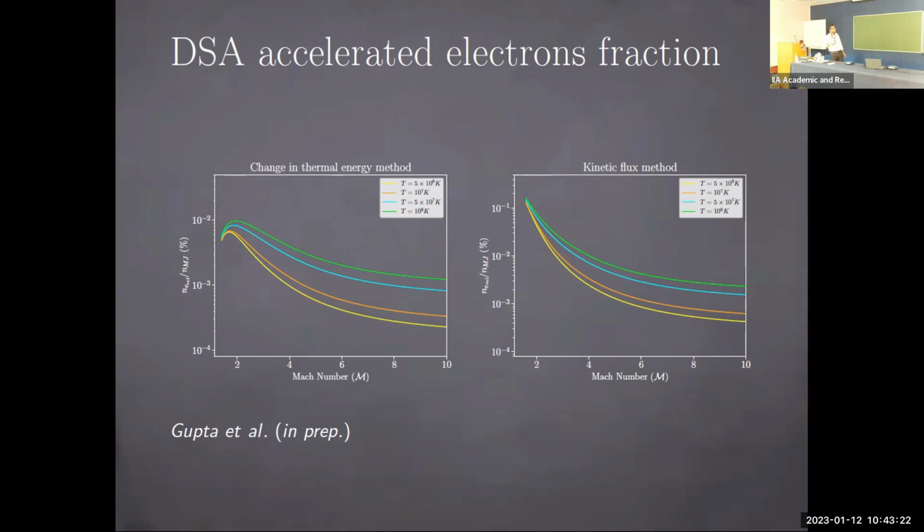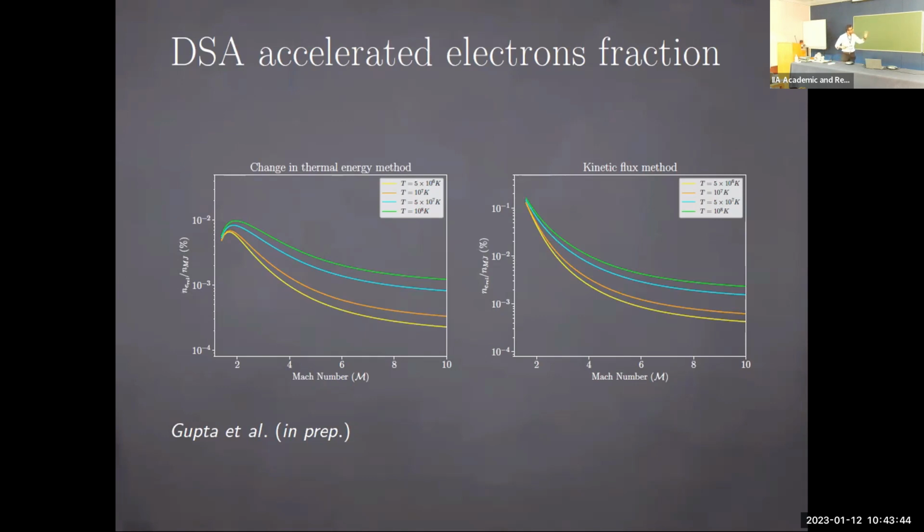But only one difference is there for the Mach number below 3. If we consider the thermal energy change as the energy input, the fraction is around 10 to the power minus 2% only.